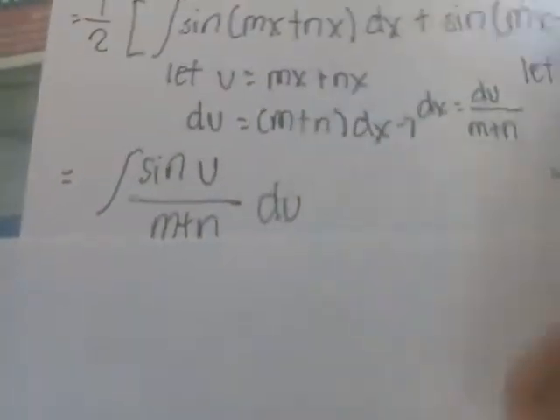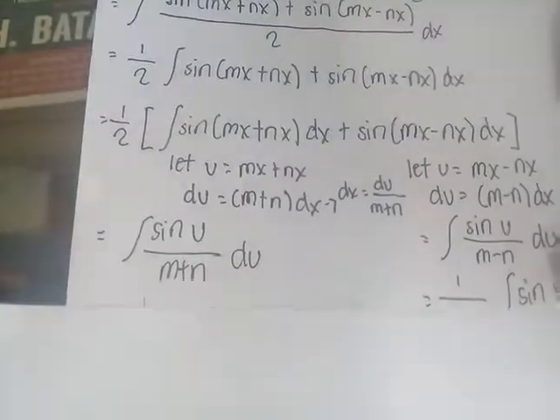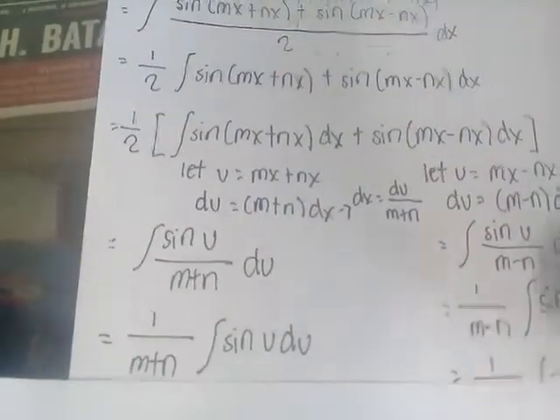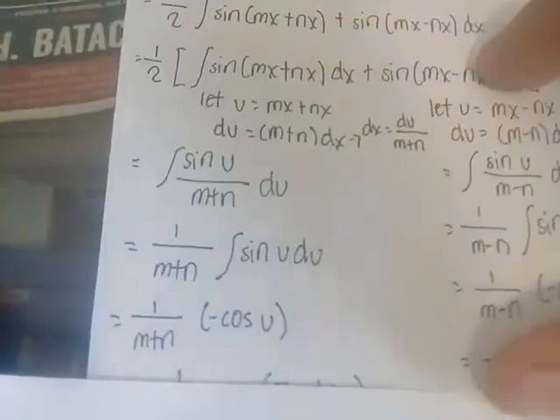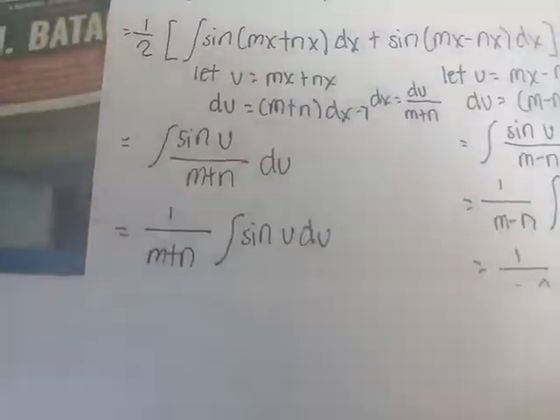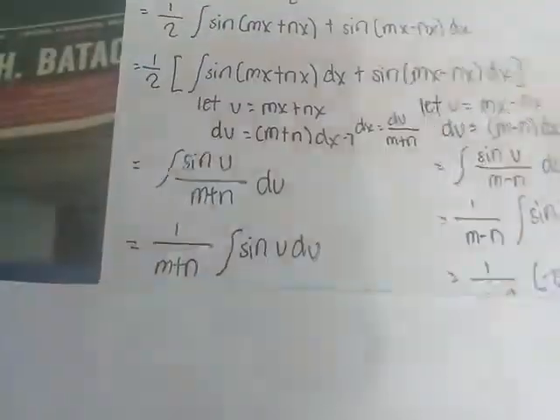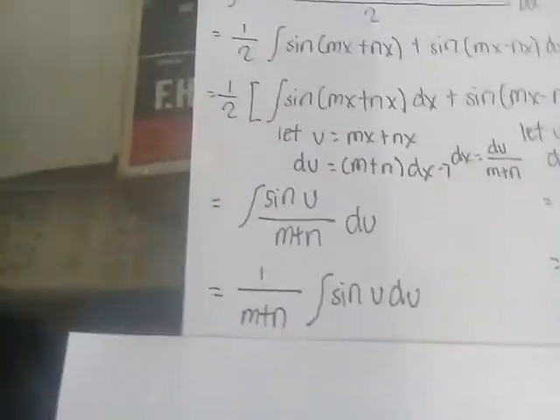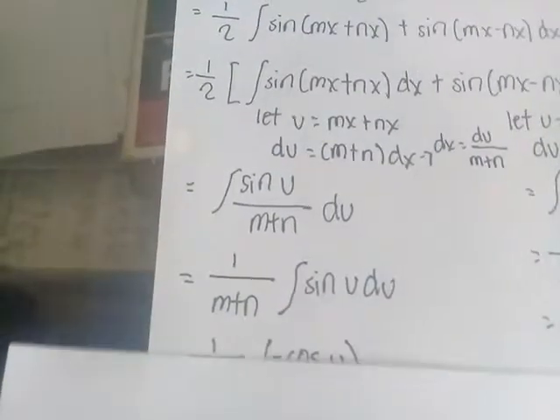So we will have this one, and then since we remember that m plus n is a constant, we will now get it out of the integral. So 1 over m plus n will result to integral of sine u du. Then the integral of sine is negative cosine.